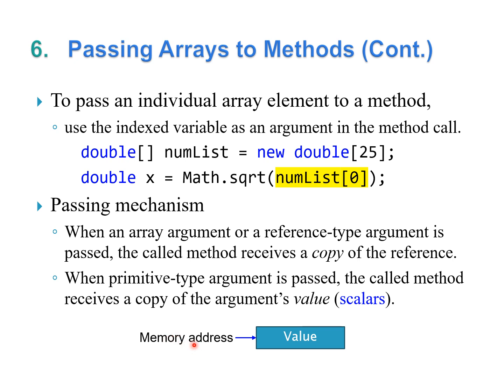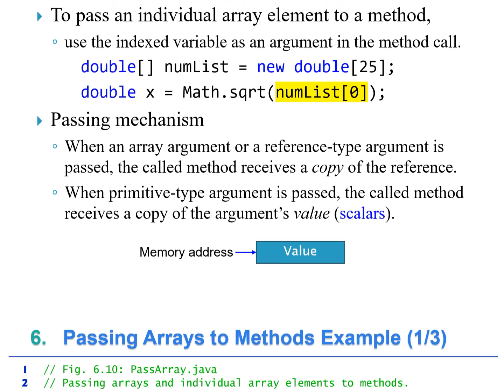However, when an argument to a method is of a primitive type, the called method receives a copy of the argument's value. Such primitive values are called scalars or scalar quantities. So those are the values stored in a memory location.